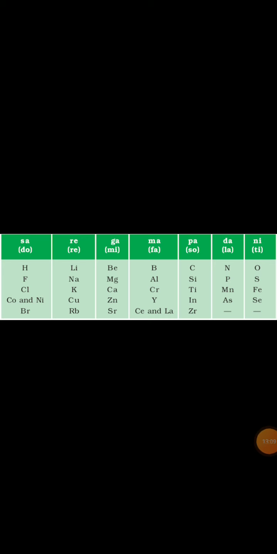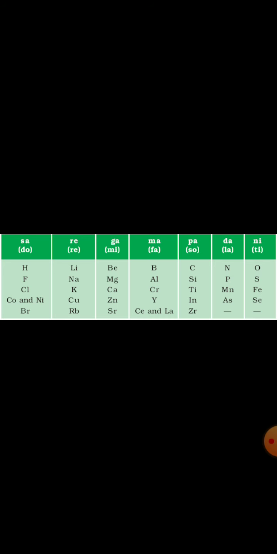And then there was the discovery of noble gases, and then Newland's octave became irrelevant. That is why Newland's law of octaves worked well with lighter elements only, which means those with lesser atomic mass. So up to which element was it proper? Up to calcium. So this you need to remember.